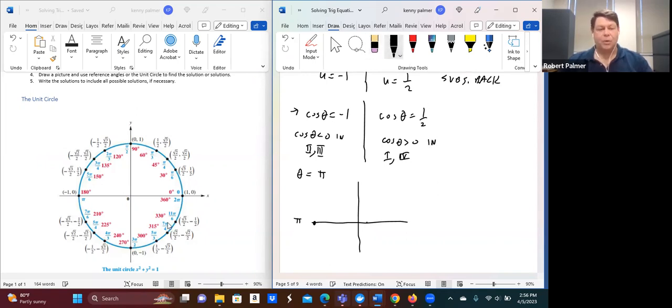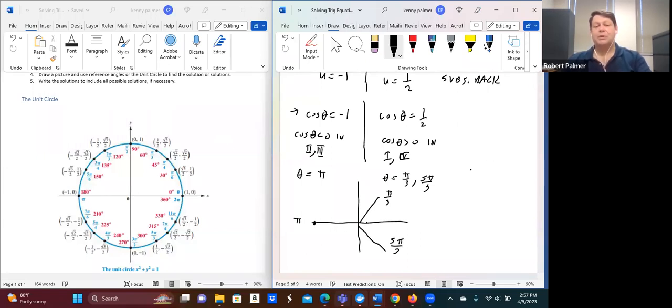We're actually in radians right now, so that's pi over 3 and 5 pi over 3. Okay, so there we have theta is equal to pi over 3 and 5 pi over 3. Okay, so over here, pi over 3, and then down here we have 5 pi over 3.